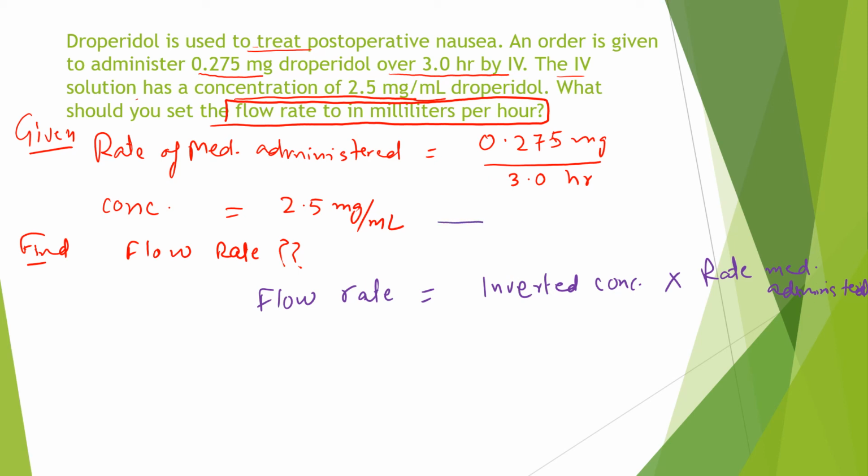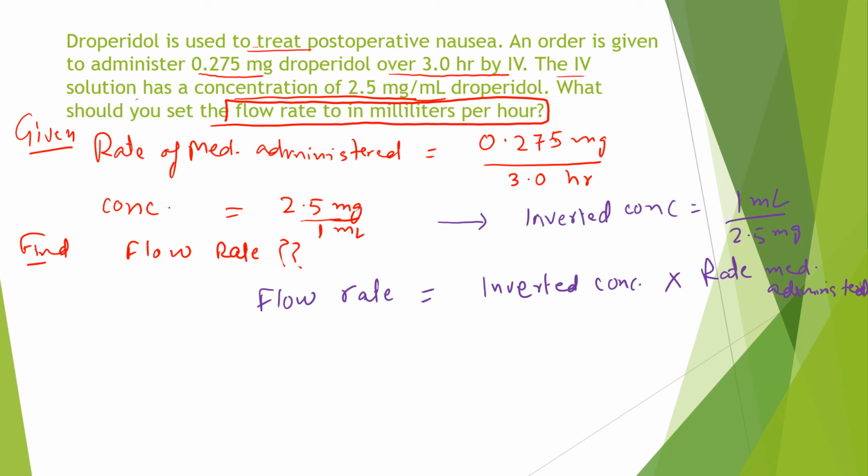So now we need to find the inverted concentration. So inverted concentration is the reciprocal of concentration, or upside down. So 2.5 milligram per ml means for every 2.5 milligram present in 1 ml. So there's always 1 here. So inverted concentration will be equal to 1 ml divided by 2.5 milligram.